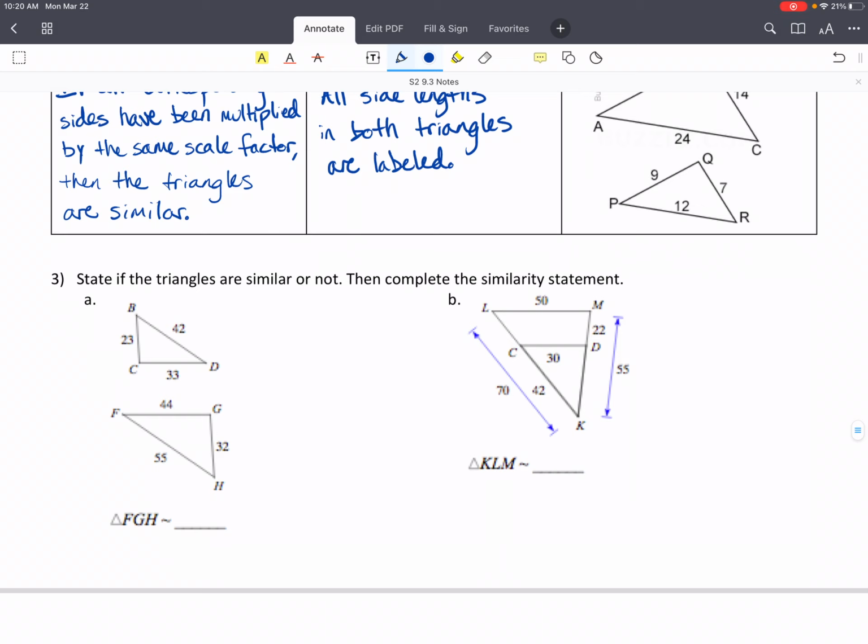Alright, so once again, I'm going to use longest to longest, shortest to shortest. My longest side of my top triangle is 42, longest of the bottom is 55. So I'm going to look at 42 divided by 55.